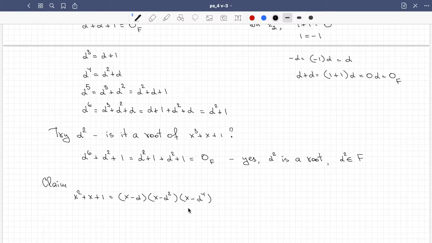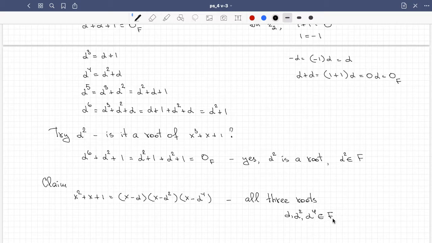If I can justify this claim, I get that all roots are in the field F. The polynomial cannot have more than 3 roots, and all 3 roots, alpha, alpha squared, and alpha to the 4, are elements of the field.